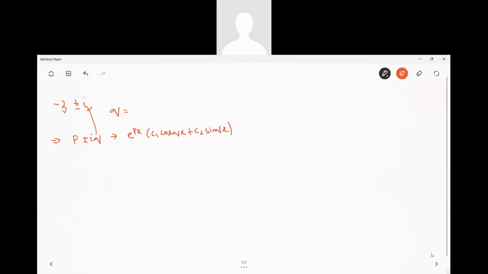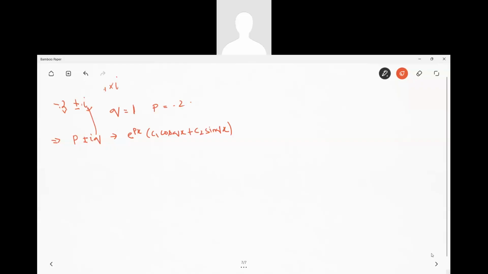So the value of q you have to substitute. In this case, q is 1, the coefficient of i is 1, and the coefficient of the real part, p, is minus 2, correct? Substitute this.